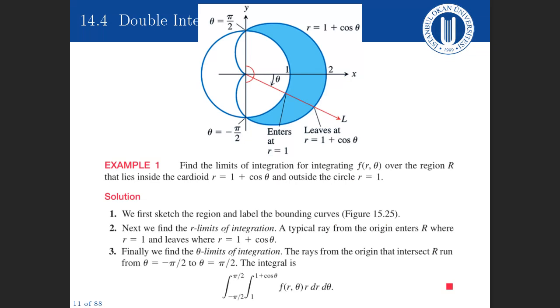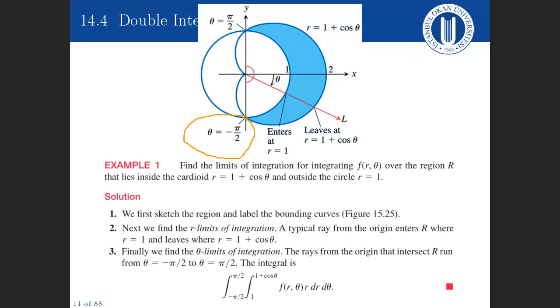Let's do another one. Find the limits of integration for integrating a function f over the region R, which lies inside the cardioid r equals 1 plus cos theta, and outside the circle r equals 1. So in other words, we're in the section which is shaded blue in the picture at the top. First, let's talk about theta. What's the smallest theta here?